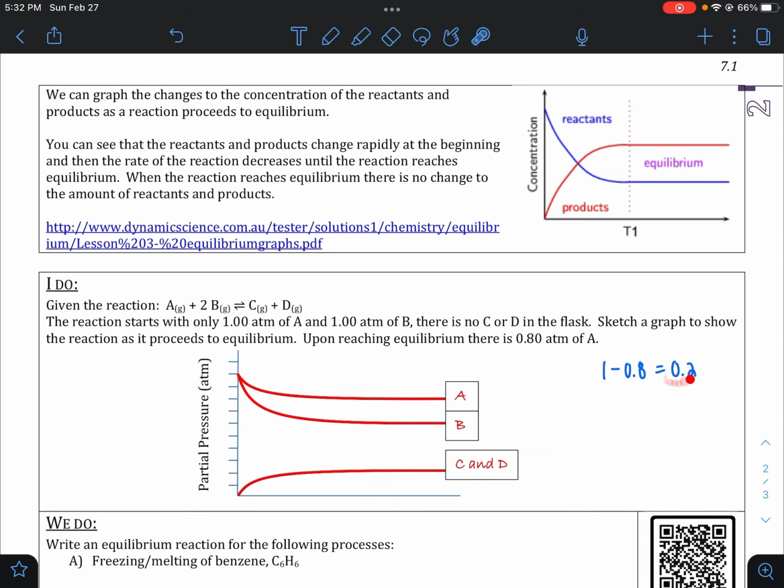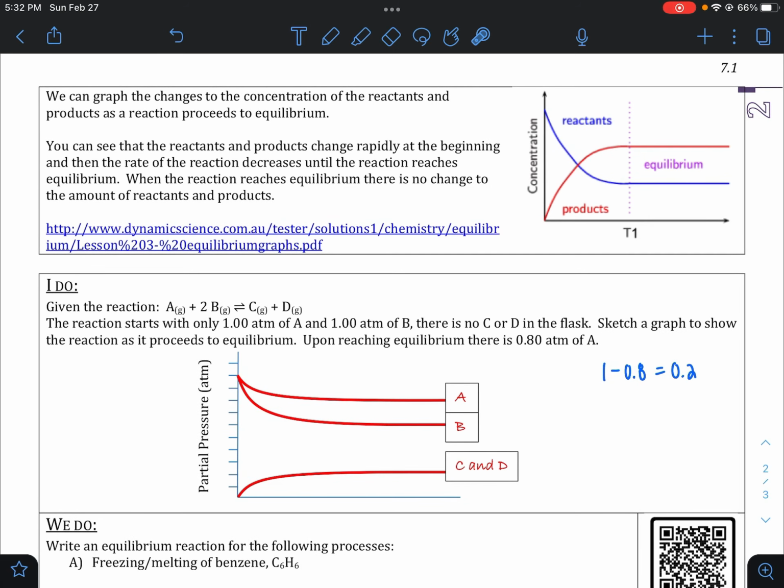A has a coefficient of 1, so it would be down by 1 of that. However, B has that 2, so B is going to lose twice as much as A.